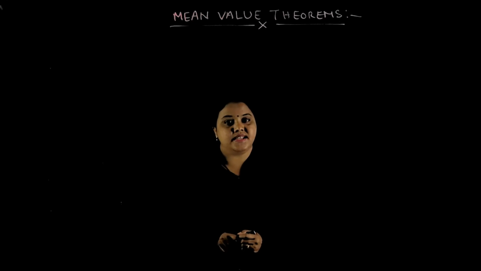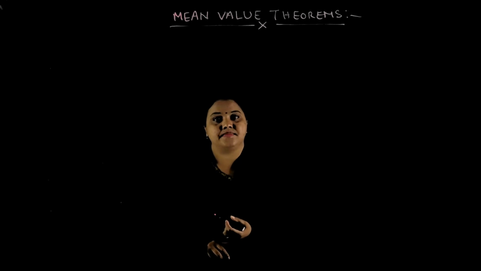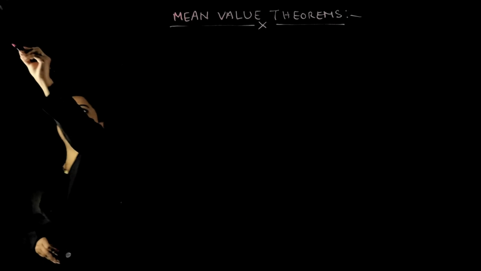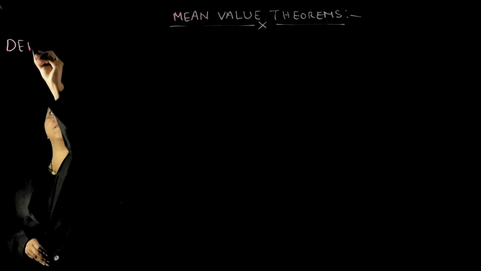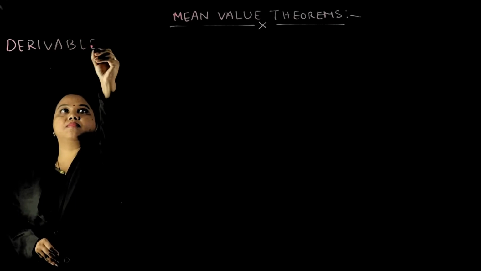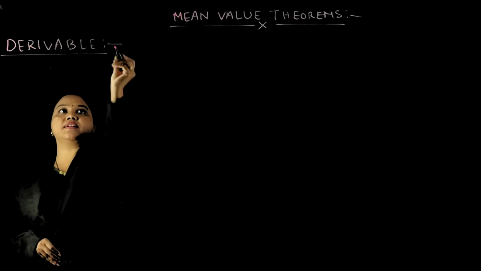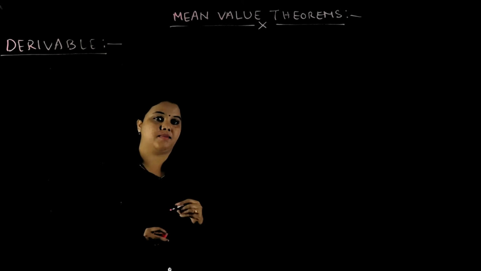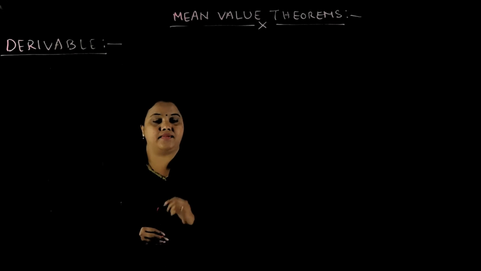Now, let us go to the next concept, which is called derivable. We say that a function is derivable if it is derivable at each and every point on the given interval.